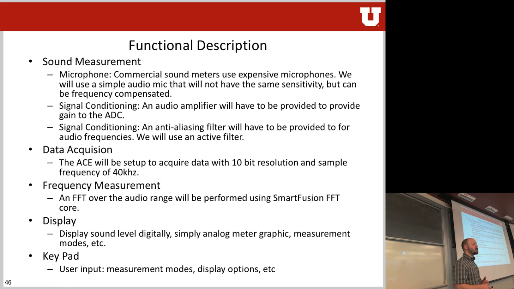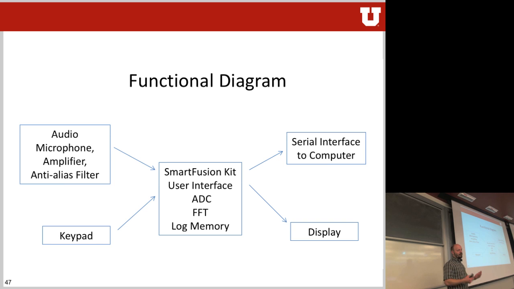I want a functional description telling me what this all does, how you plan to implement it, what functions should be done where, and what the different entities are that you have to get. I want a functional diagram that puts what you have into a diagram. So for example, we have an audio microphone, amplifier, anti-aliasing filter, a keypad. Here we would have our SmartFusion user interface, ADC, sampling everything, and then some output over here.